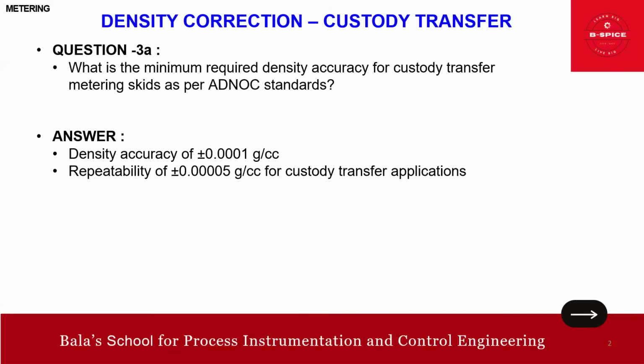So you can go with this option, friend. Density plus or minus 0.001 g per cc and repeatability 0.0005 grams per cubic centimeter. Good to go, the first question is answered.